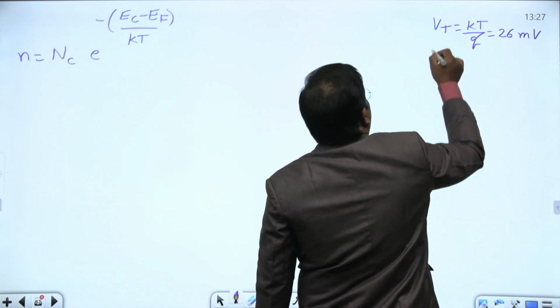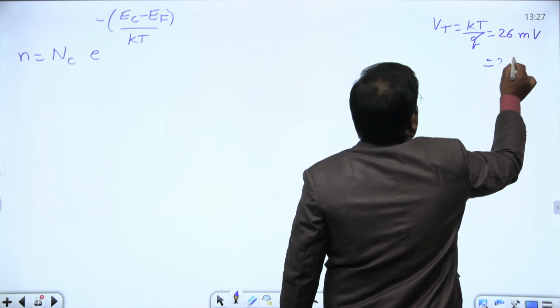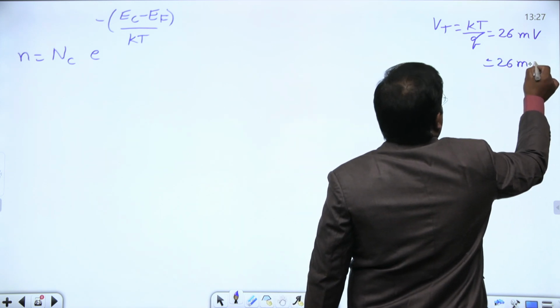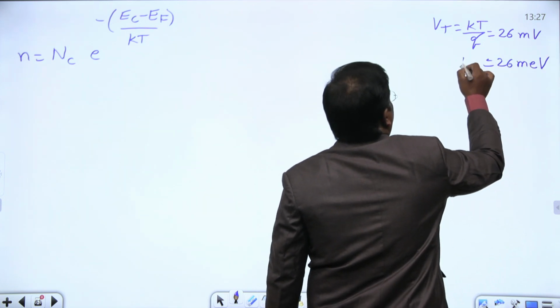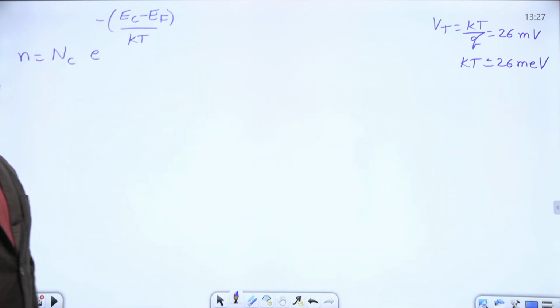Here they have given Kt directly as 26 milli electron volts for this problem.